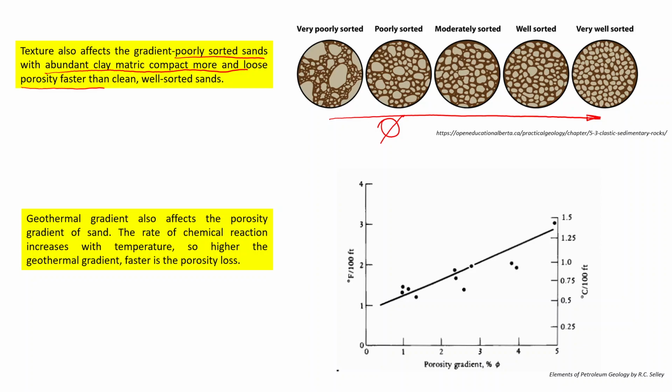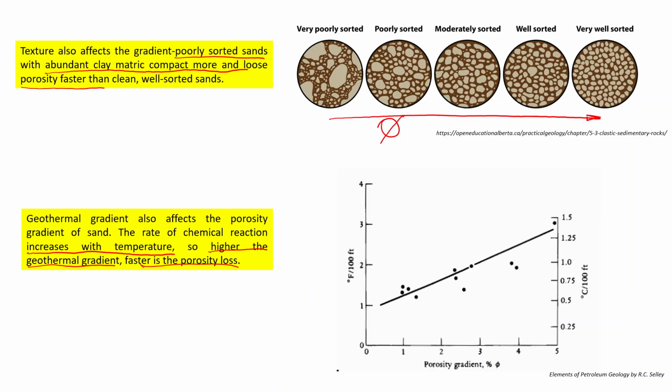Then the geothermal gradient also affects the porosity gradient of the sand. The rate of chemical reaction increases with temperature. So the higher the geothermal gradient, the faster the porosity loss. What is the use of this temperature? The temperature facilitates the chemical reactions which lead to precipitation of certain minerals which block the pore spaces.